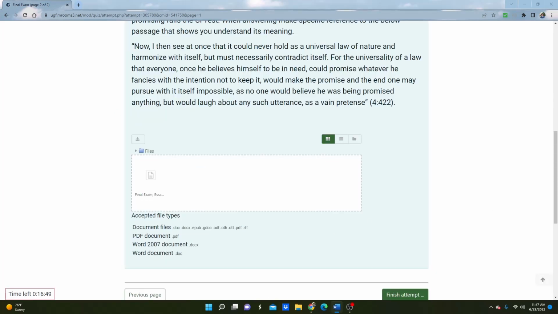At this point, if you wish, you can click on the documents you have submitted to check that you have attached the correct file. And this is something I would recommend doing, since if you do accidentally submit the incorrect file, then this would detract significantly from your grade.